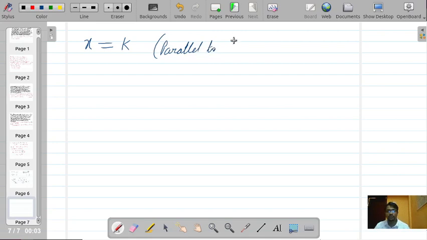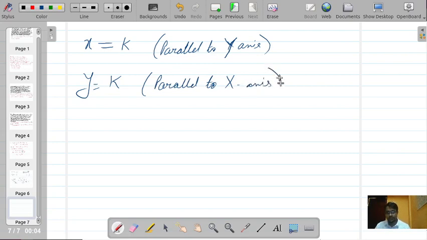And y equal to k, that is a constant, is a straight line which is parallel to the x-axis.